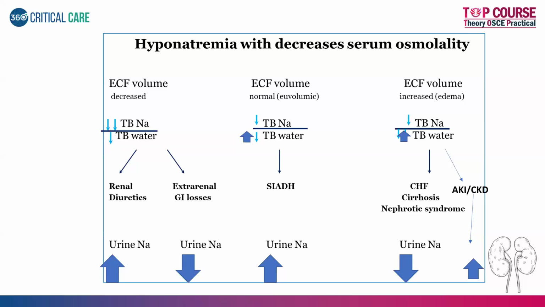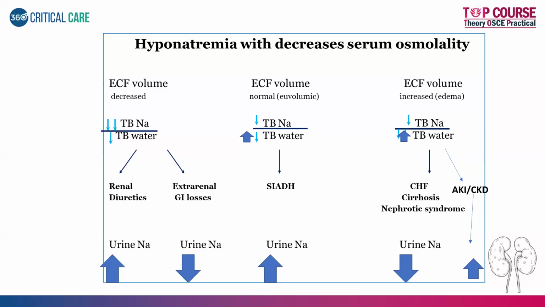Okay, similarly, when we have an edematous patient, usually the total body sodium is decreased and the total body water is increased. If you have a patient who is edematous, you need to know the appropriate history. Along with that, if you're still unable to come to a conclusion, then we can use the urinary sodium as one of the markers to differentiate these groups of patients.